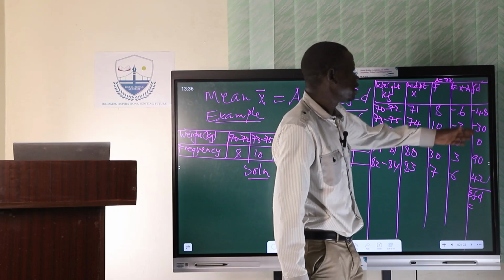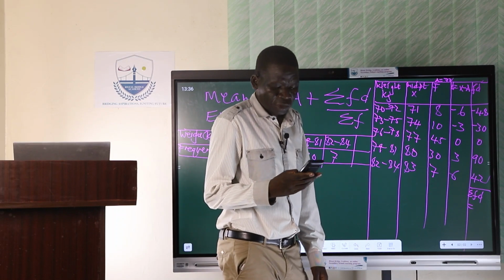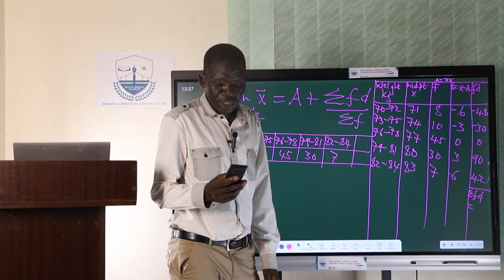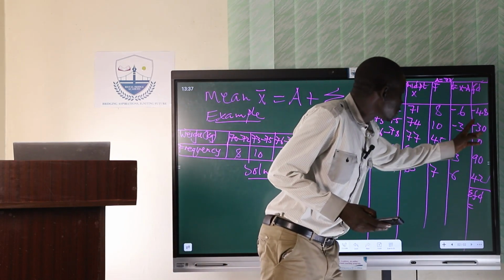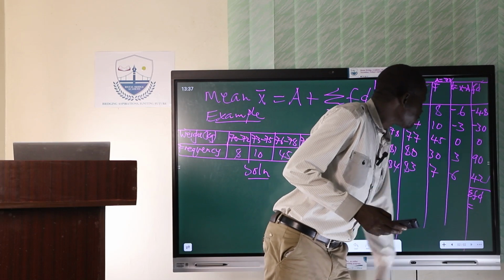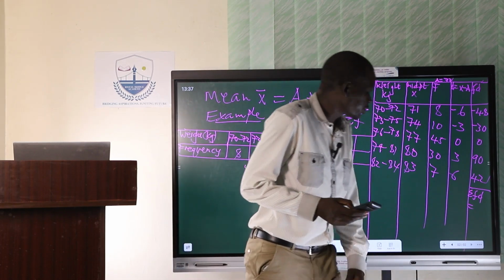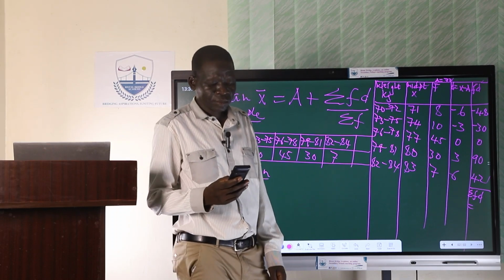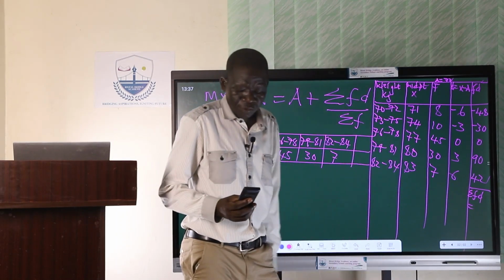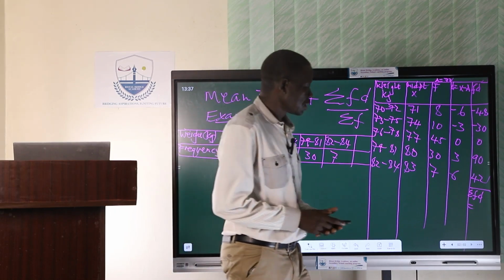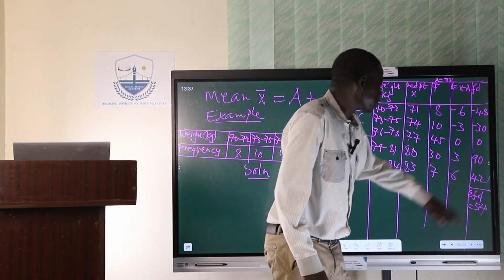Summation FD is equal to, we add all these figures: negative 48, plus negative 30, plus 0, plus 90, plus 42, and we now get 54. So 54 is the summation of FD.